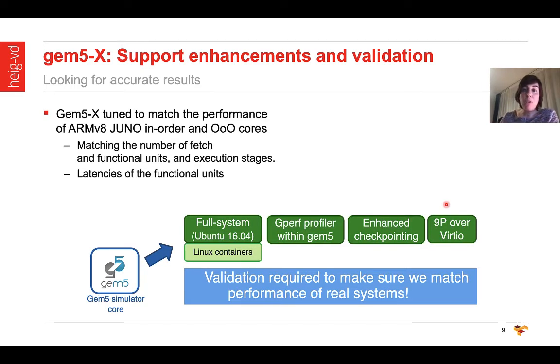So basically what we did is to try and match the performance against an ARM Juno board. The ARM Juno board has in-order and out-of-order cores, so we were trying to match exactly the number of functional units, execution stages, the latency of functional units, everything, so that in the end we could compare what is the performance of a certain benchmark in Gem5 and in the Juno board.